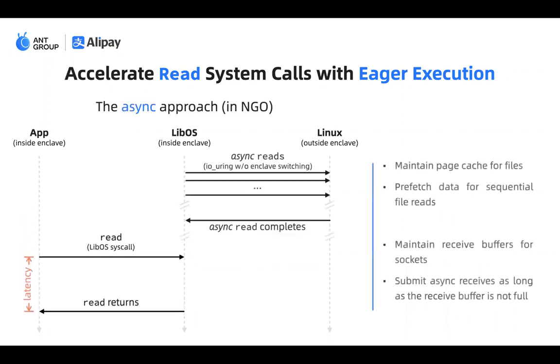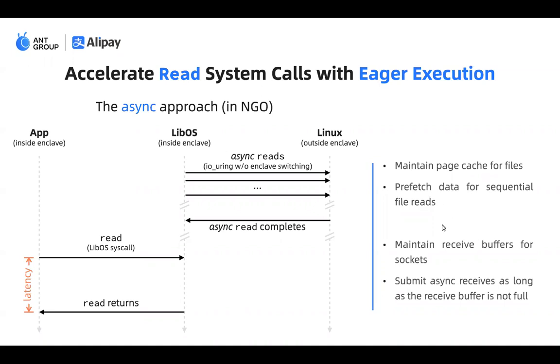With the async approach, we can do async even before the user request. We maintain a page cache for files so that we can prefetch data for sequential file reads.